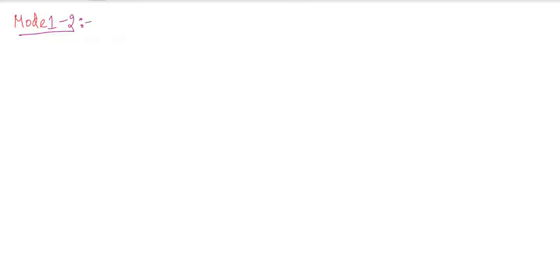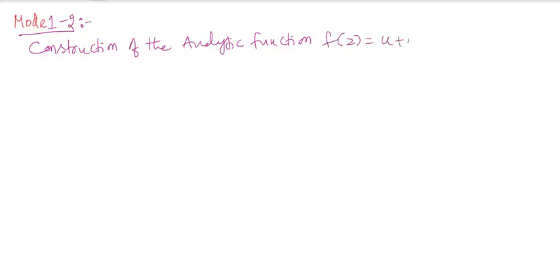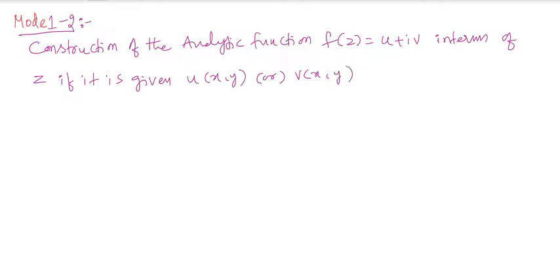What this model indicates is that we are going to construct an analytic function f of z equivalent to u plus iv, in terms of z, if it is given u of x comma y or v of x comma y.